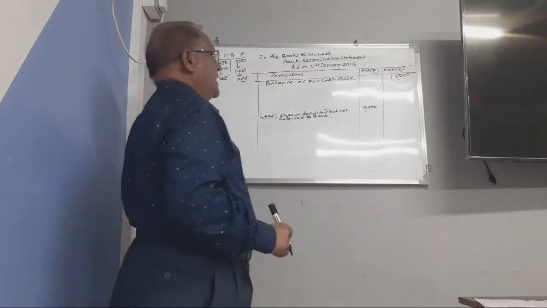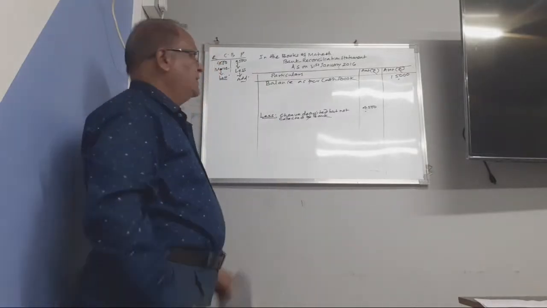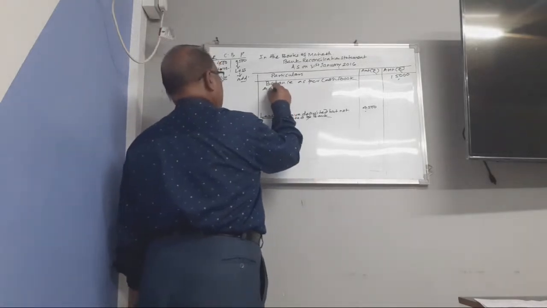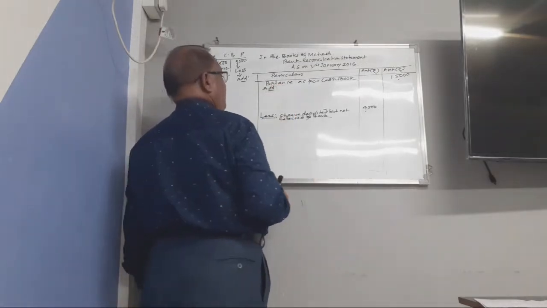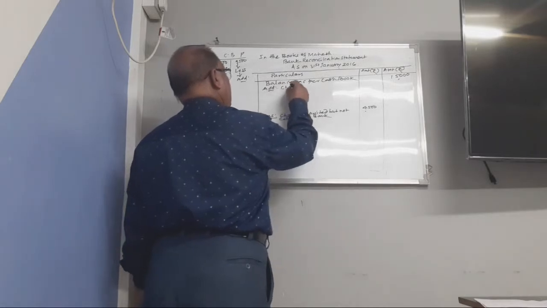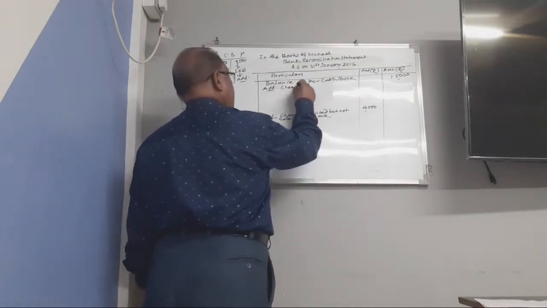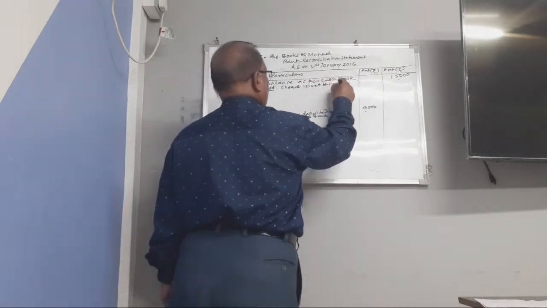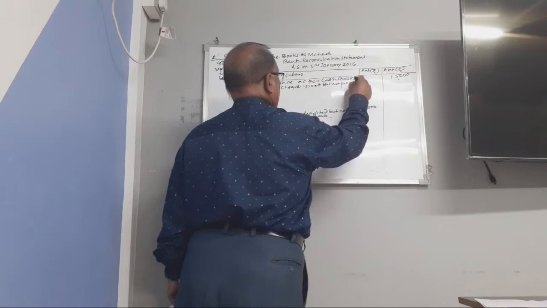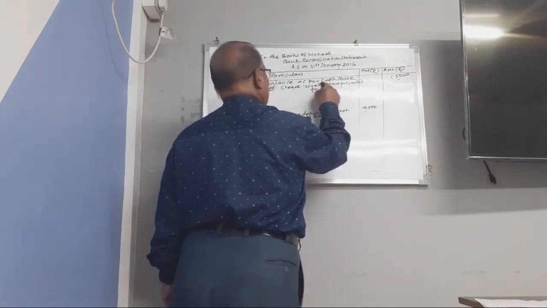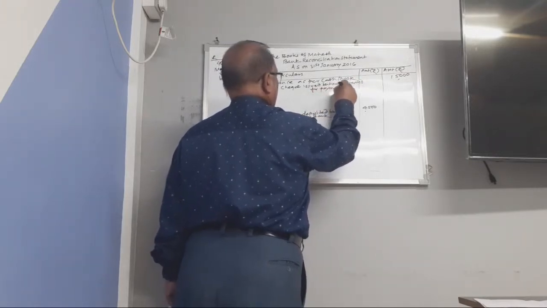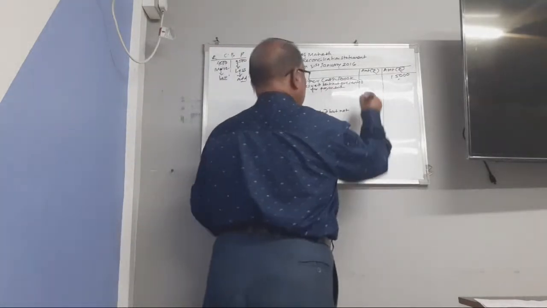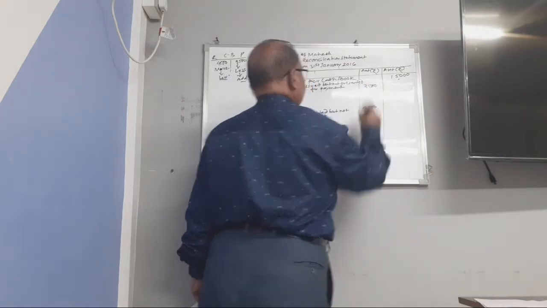So add: check issued but not presented for payment. The amount of the check is 3,500.